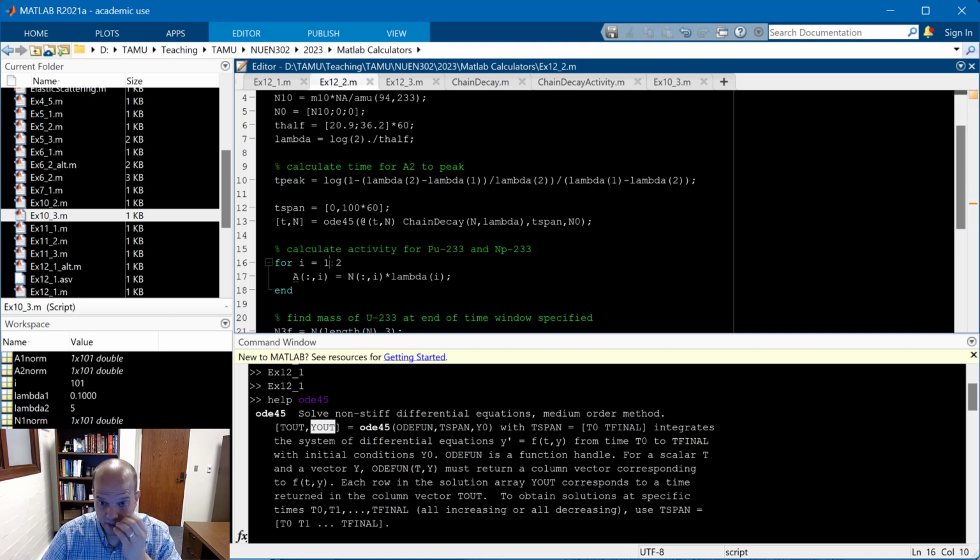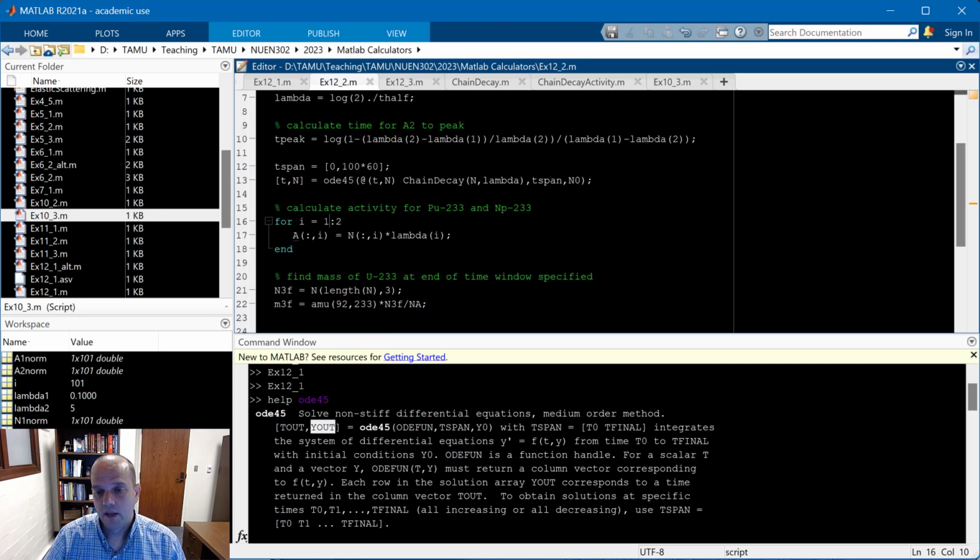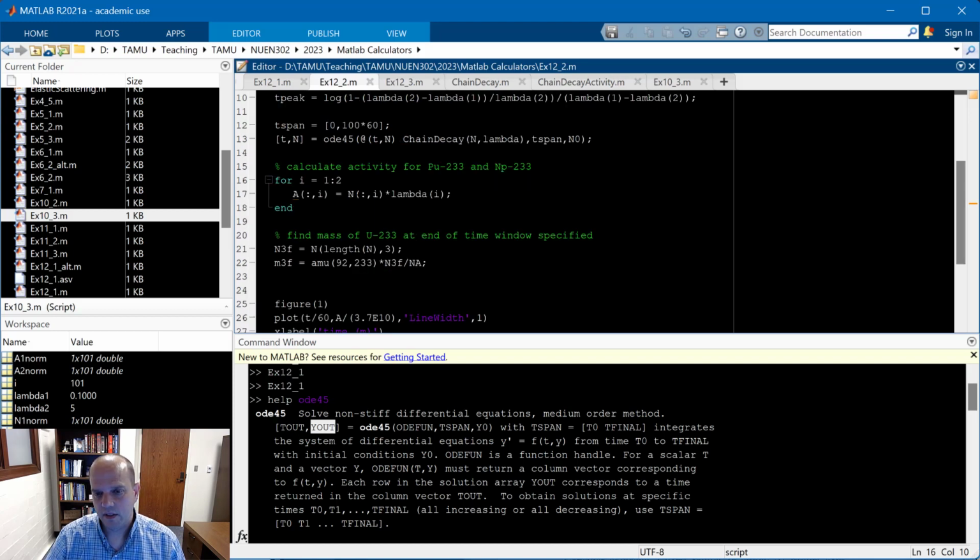And for each one of those, for my first 2 at least, I can find the activity. And then once I have the activity and the number of atoms, then I can just evaluate that for isotope number 3 all the way at the end of the time vector.